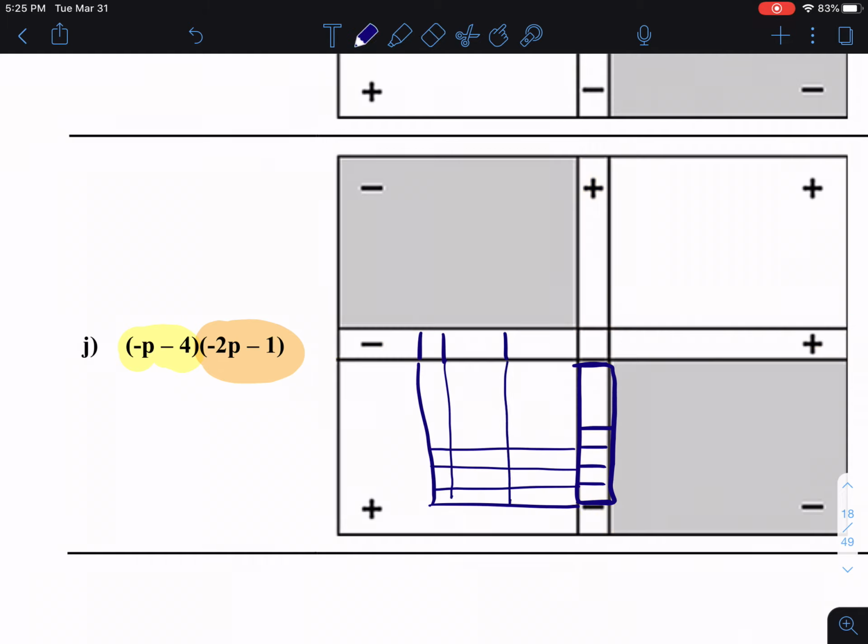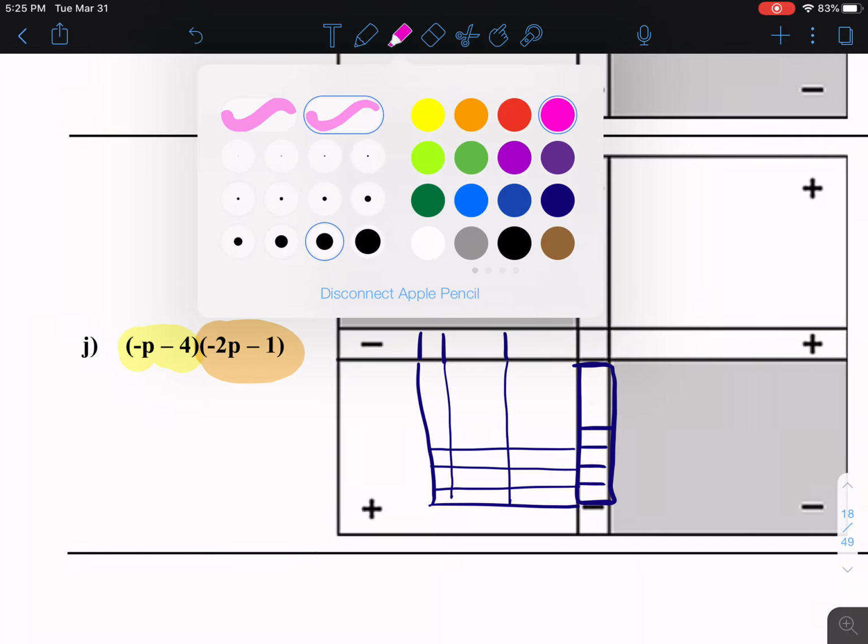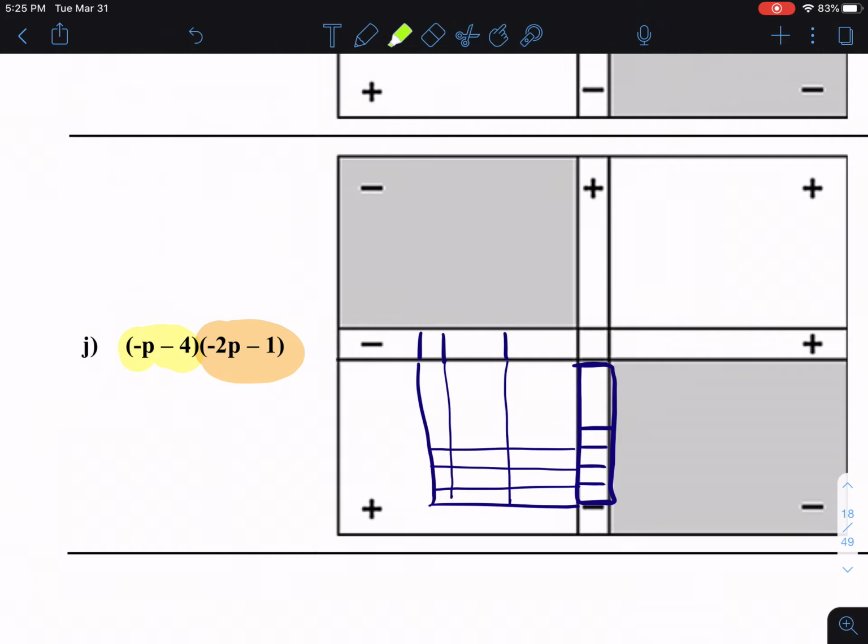So let's look at this region. Where does that region come from? Do you see that that is the positive 2p squared? Right? That's 2p squared. That comes from the minus p times the minus 2p.